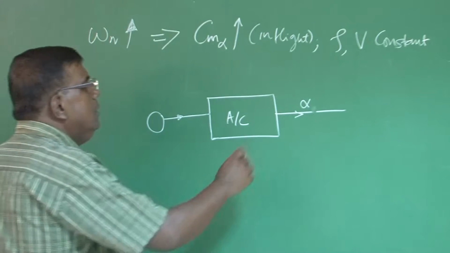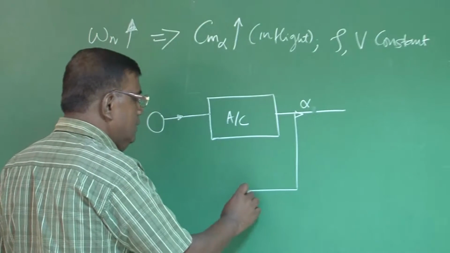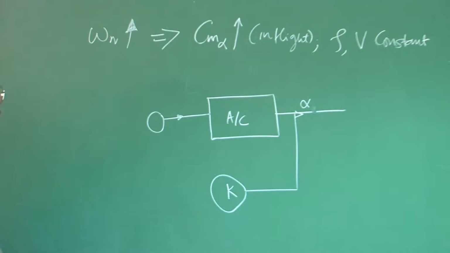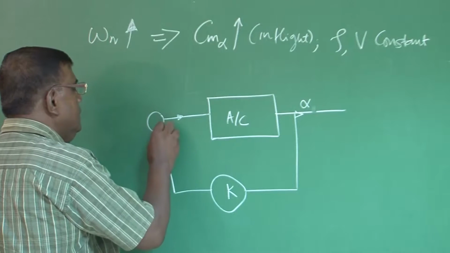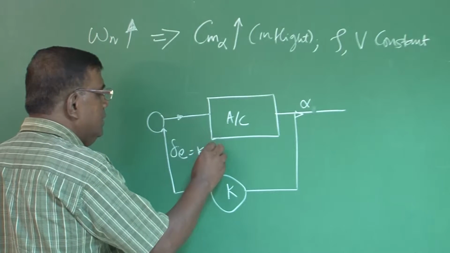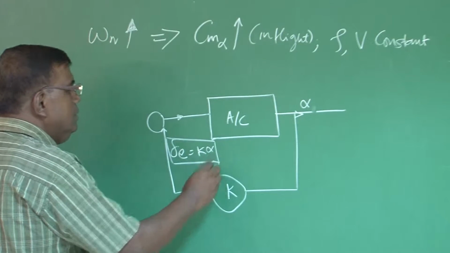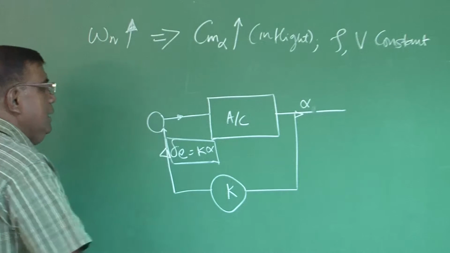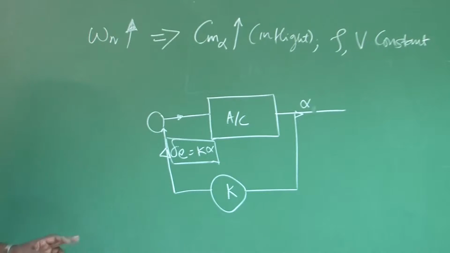What I do, I tap this alpha and multiply with a gain k, and then feed such a way that delta E is k alpha. So this is the delta E, which is proportional to k alpha.